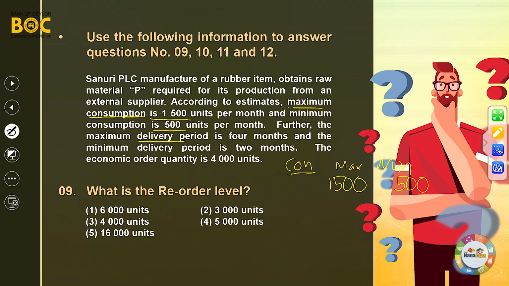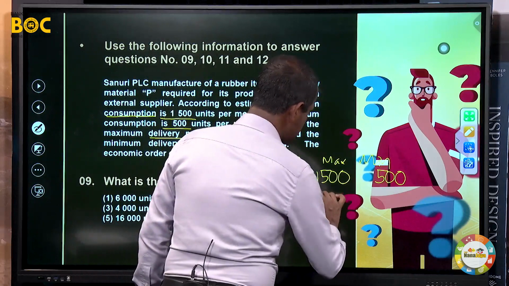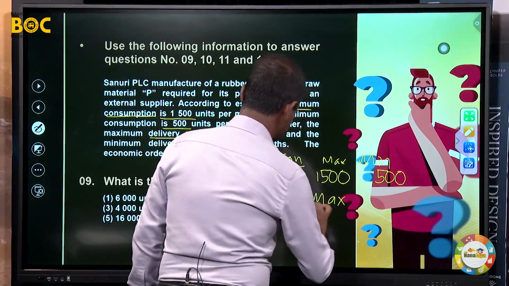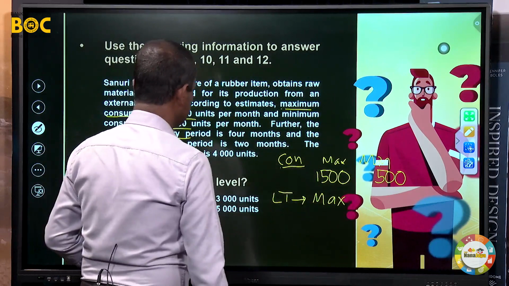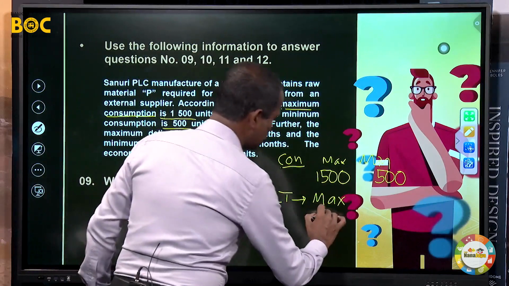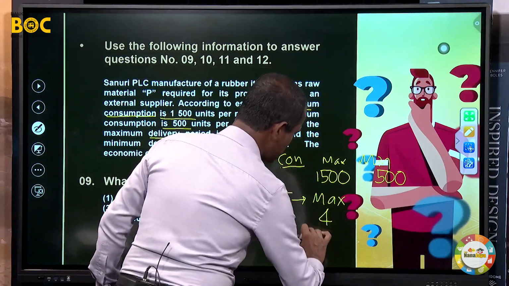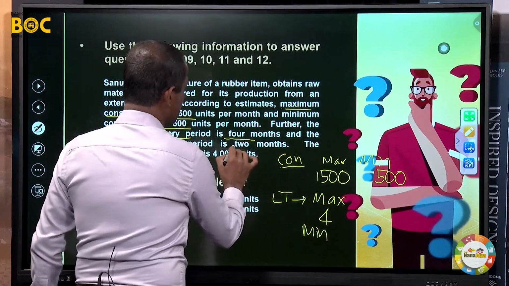Further, the delivery period. Other terms we use are lead time or reorder period. The maximum delivery period is 4 months, minimum is 2 months.